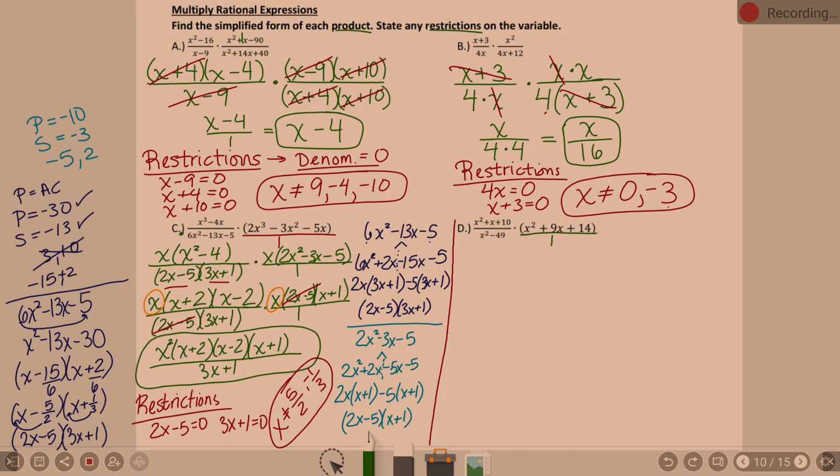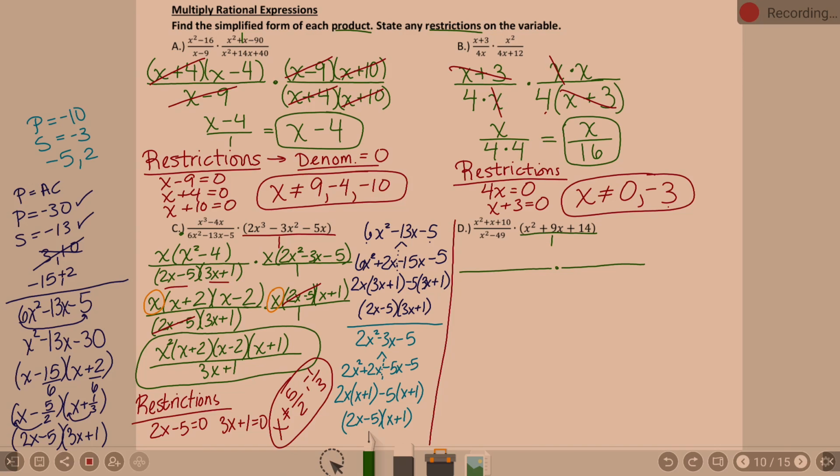Okay, let's start looking at our factoring. x squared plus x plus 10. Is there a GCF? No. So we're going to assume that this is product and sum.